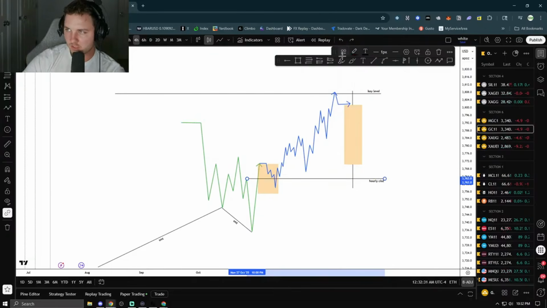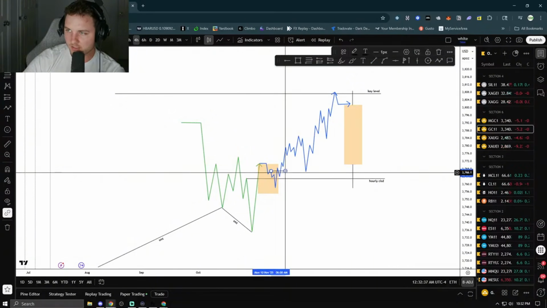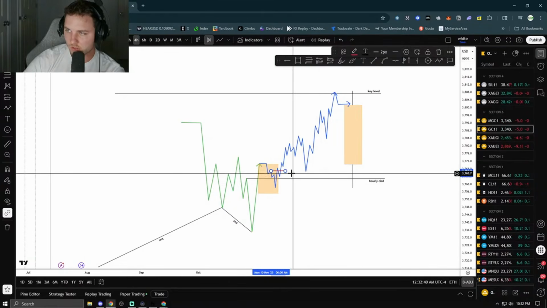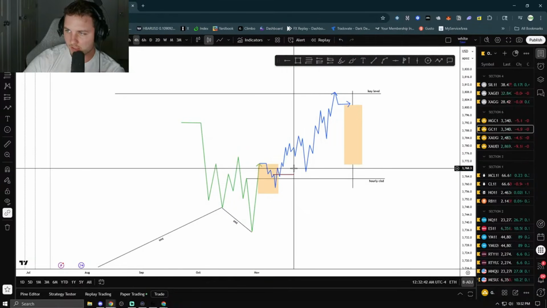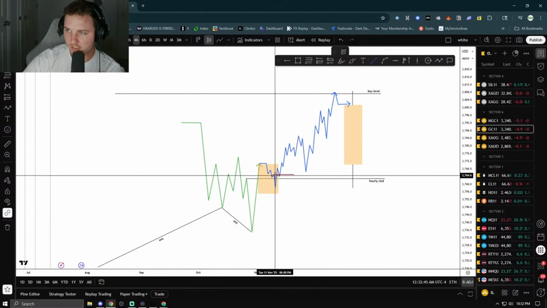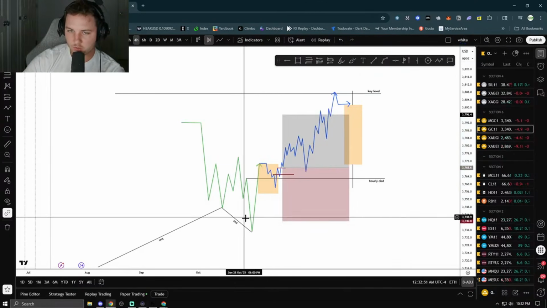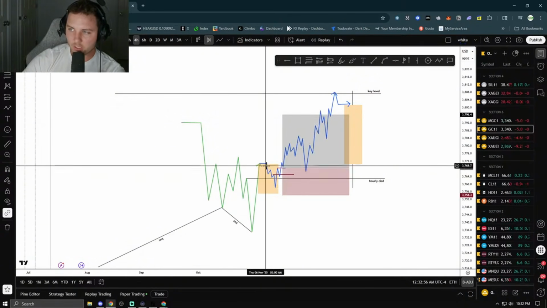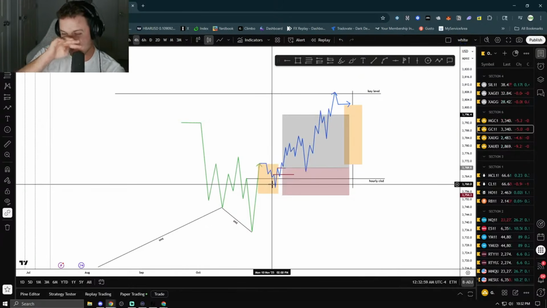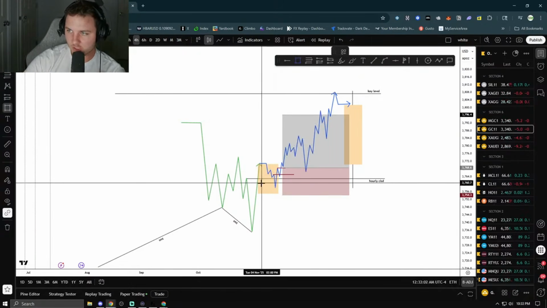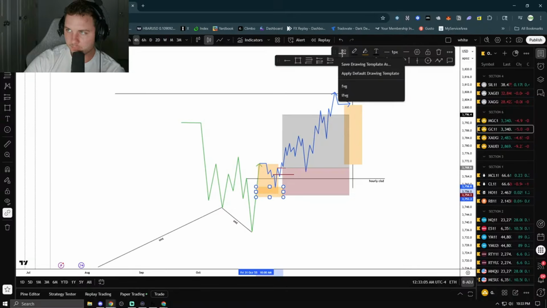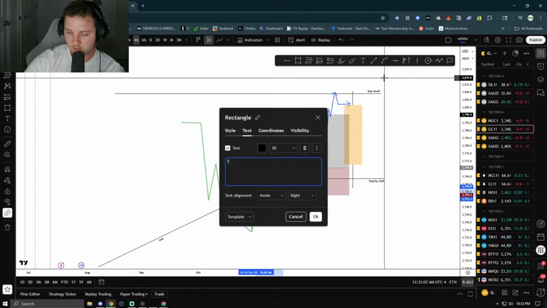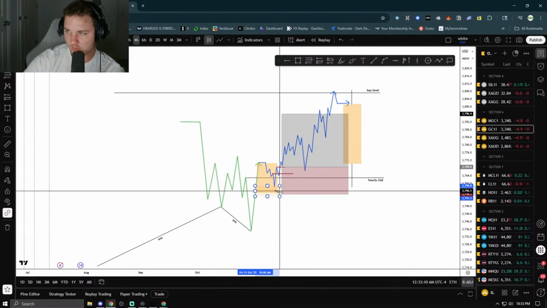So as soon as we get the CISD here, right here, that's our first CISD. Then we get our propulsion block. This is where you want to enter, because we already have the reversal put in. We know if we open low at 6 a.m., CISD, tapping into an order block and then a fair value gap or something. I'm making this up.